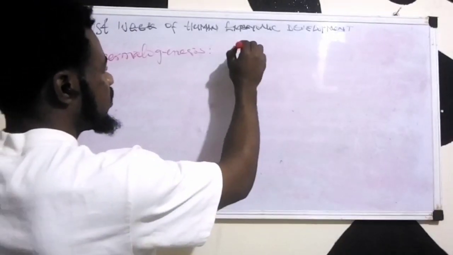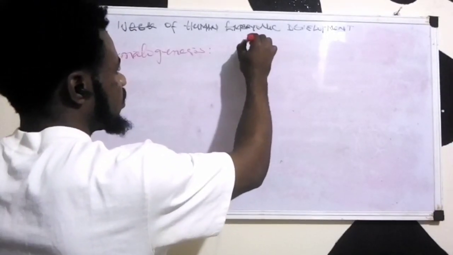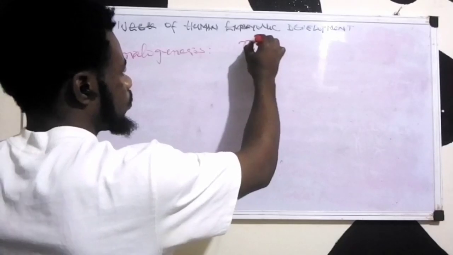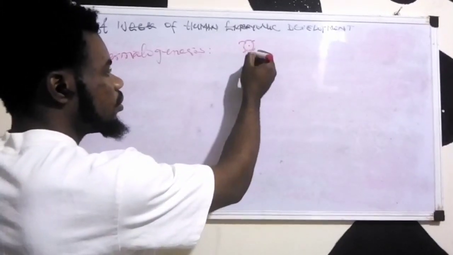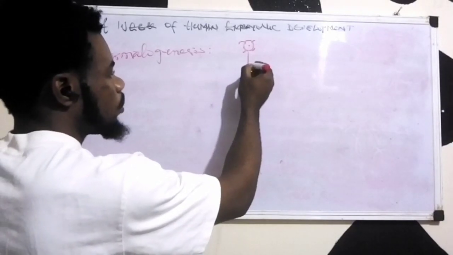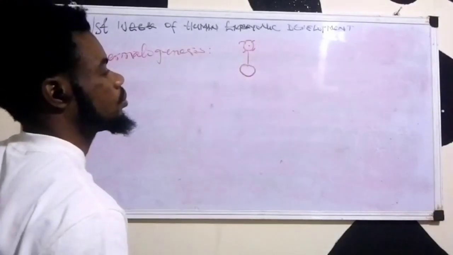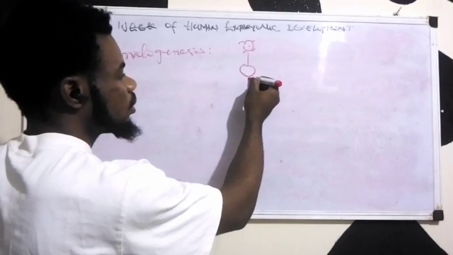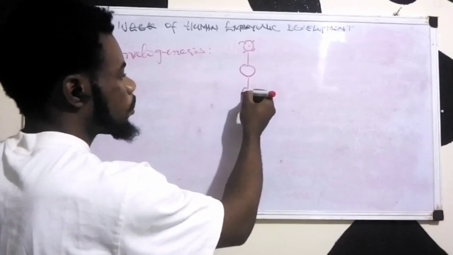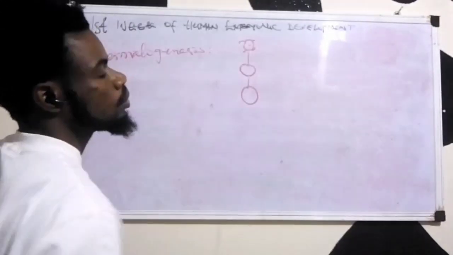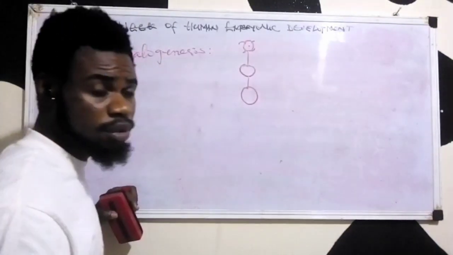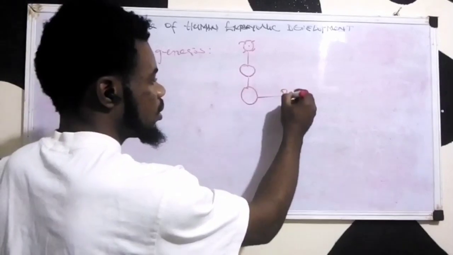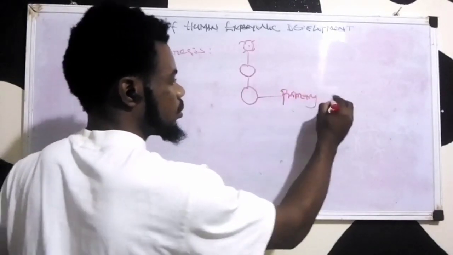Now, this is the testis, giving rise to spermatogonia. Spermatogonia give rise to primary spermatocyte.